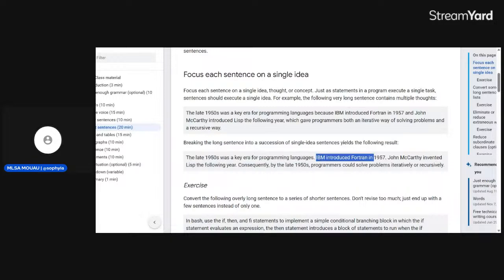The next one talked about the specific year that Fortran was brought, and the next one talked about the person that wrote it, and the last one talked about how it was used during that era. This way, your reader actually understands what you are trying to say because the idea has been broken down into bits.